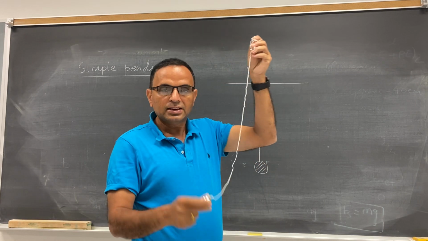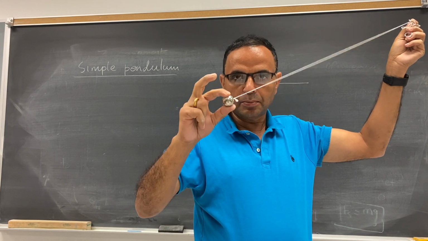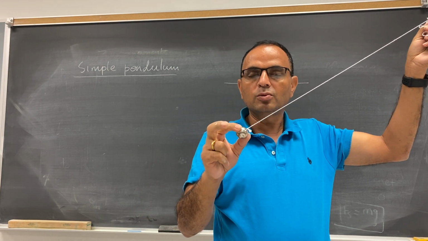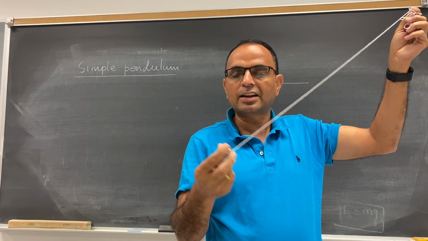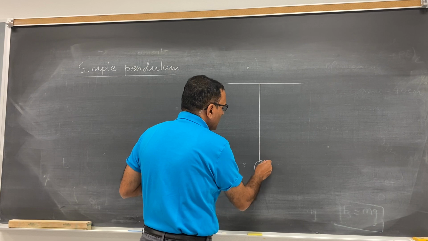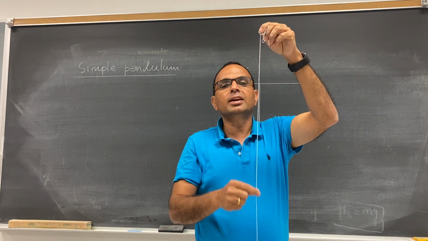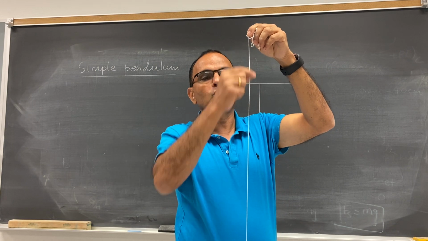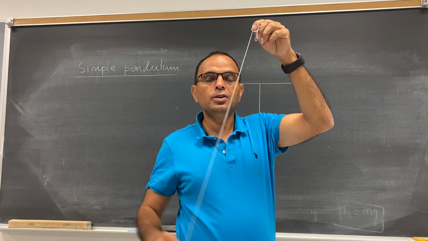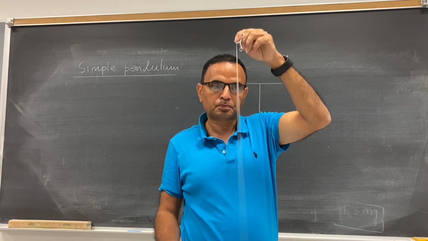This is heavy but small, we call it a heavy point mass. Its size and volume are small but it is heavy, it is steel or iron. So a heavy point mass suspended by a light thread, a light rope. The mass of the rope is negligible and it is free to oscillate. This is called the simple pendulum.